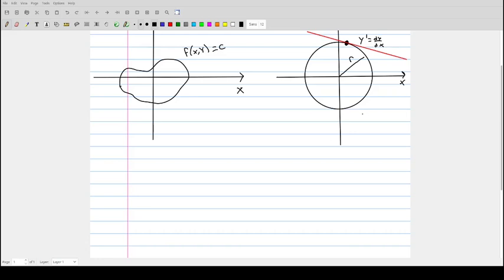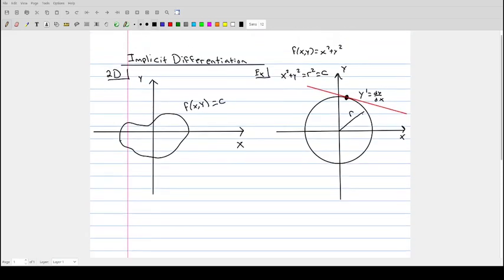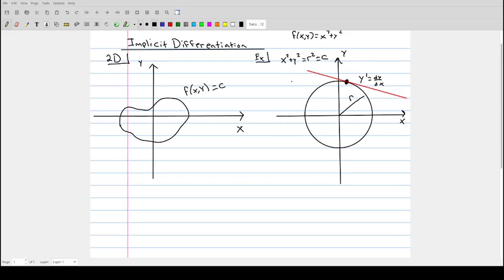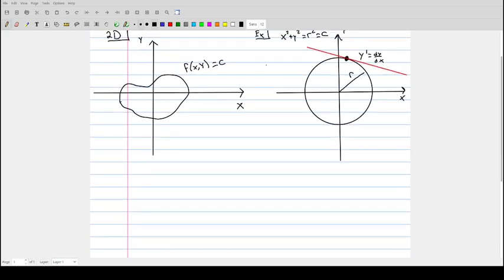And it's not that simple, because we don't have y as a function of x for this curve. Now it is possible to solve in this example for y as a function of x on the top half and the bottom half of the circle, but implicit differentiation gives us a much faster way of evaluating this.